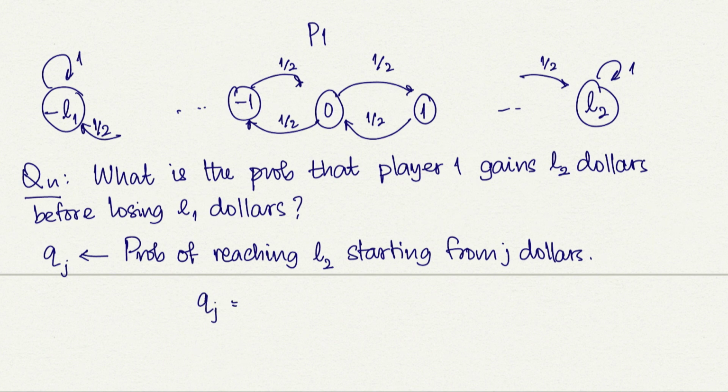I can write this as, either you lose or you win. With probability half, I'm going to j minus 1, and from there the winning probability is Qj minus 1. So these are conditional probabilities, right?